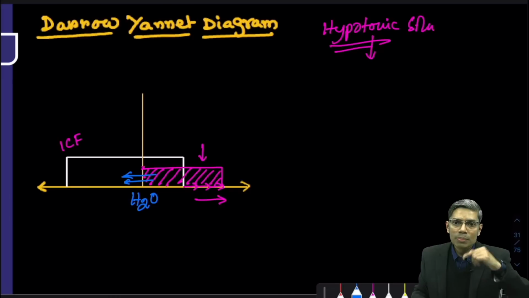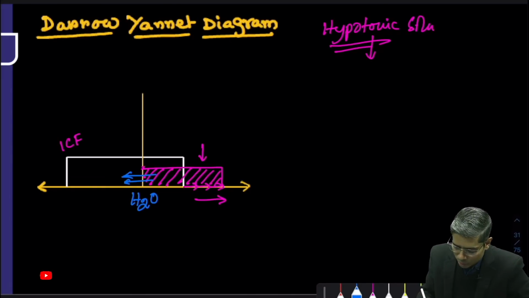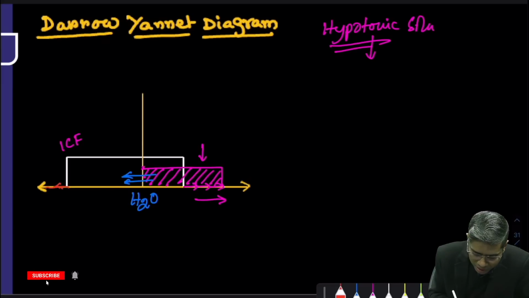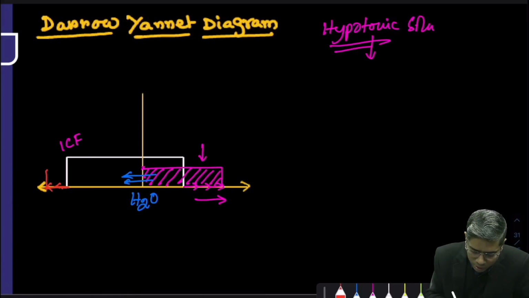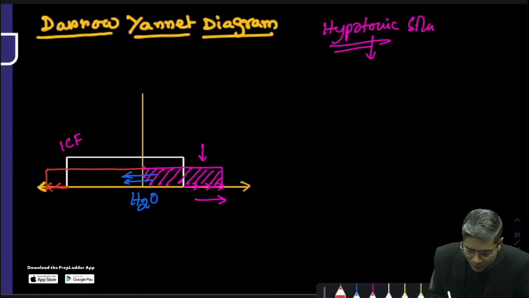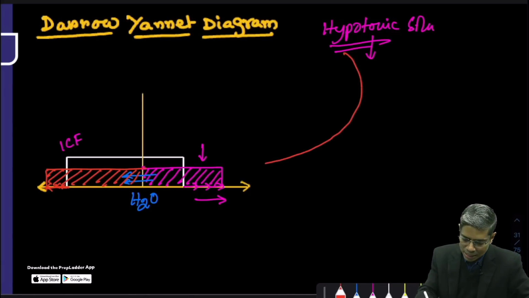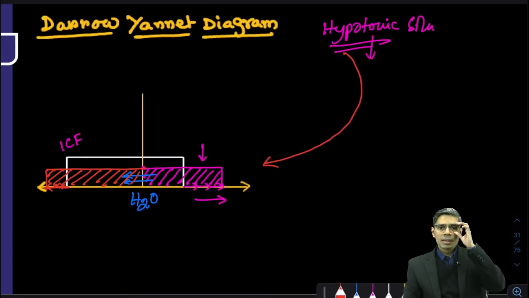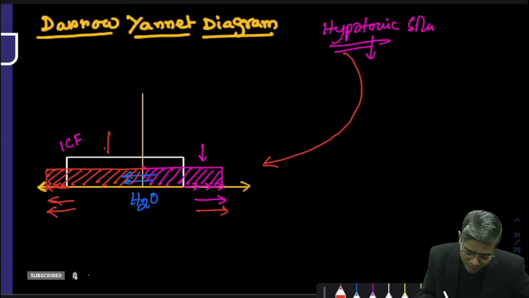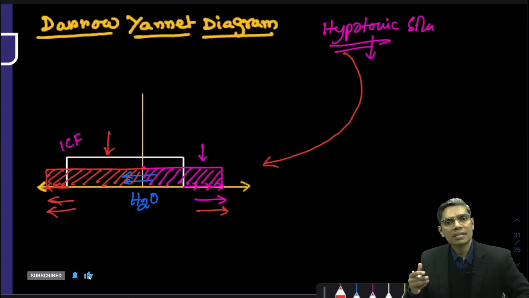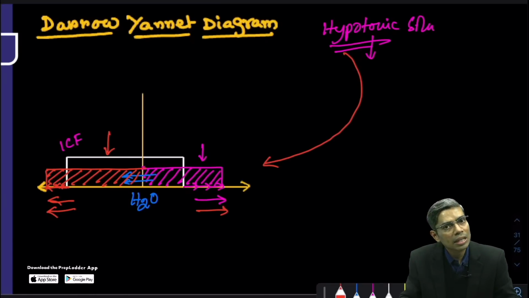Whenever water is moving into the ICF, the ICF volume starts increasing like this, and this increment will continue until a new equilibrium is developed. So now the ICF will look like this. If you are taking hypotonic water, there is an increase in volume of the ECF and also of the ICF, and there is a decrease in the tonicity of both the ICF and the ECF. That is the meaning.